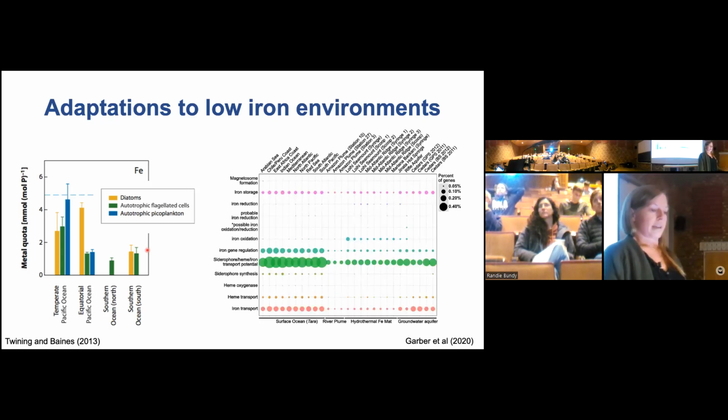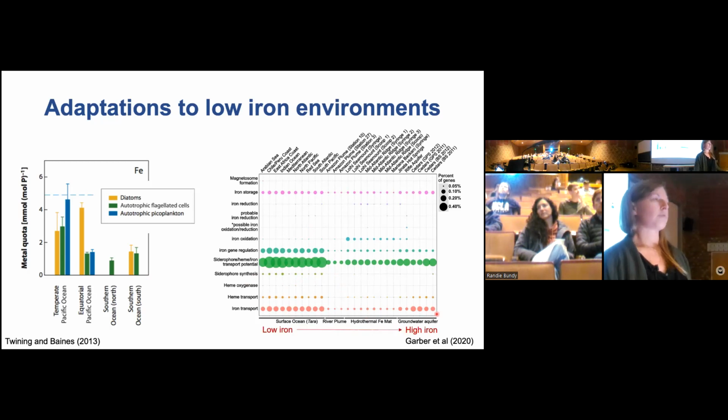And we can dig into that a little bit more specifically for iron. This is just one example. This is a plot showing different intracellular iron metabolisms within a cell, including iron storage, iron oxidation, et cetera. It's showing this in different regions throughout the ocean and also groundwater in different metagenomes. These regions span from low iron regions of the ocean to higher iron areas.